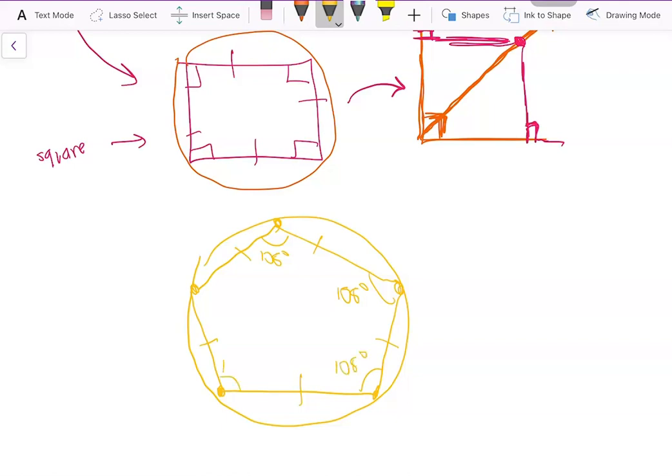If you want a slightly more difficult challenge, you can attempt to construct a regular pentagon. It does require a little bit more construction lines, circles and arcs in order to successfully construct it.